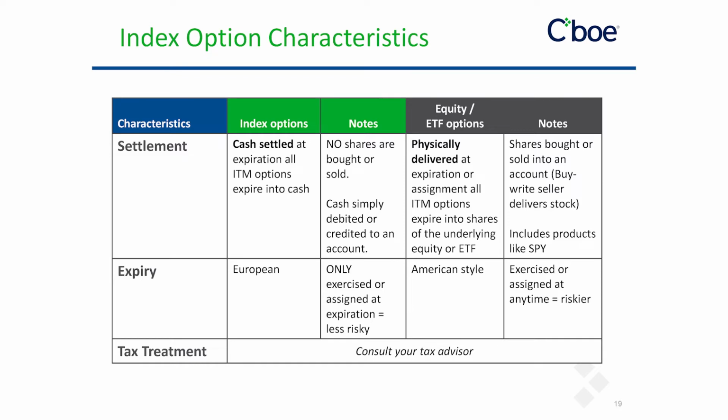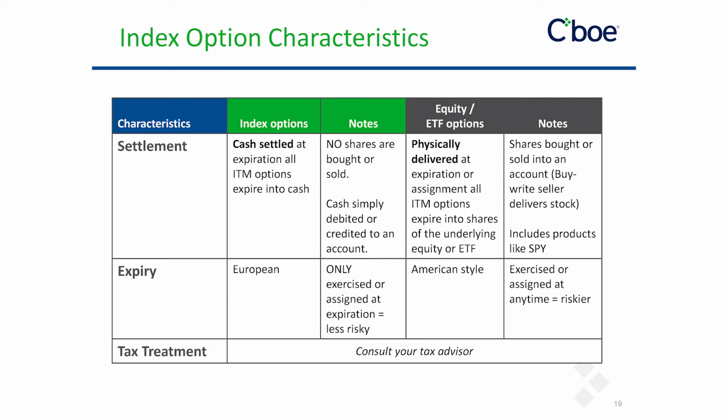Cash settlement versus physical delivery. 2. European versus American style. And 3. Potential tax treatment. Many sophisticated option users prefer index options, but that may not mean it's right for you or your client. The BXM benchmark uses index options, so it's imperative we explain the difference in this context.